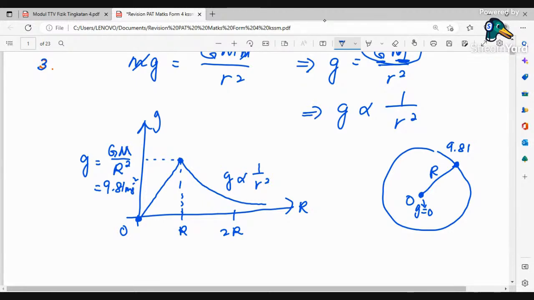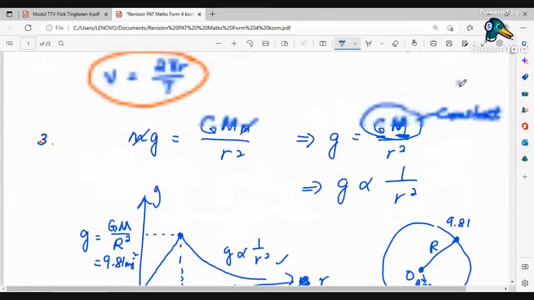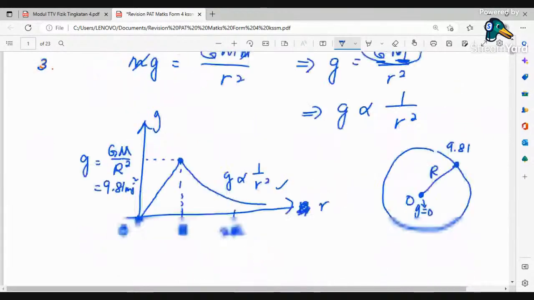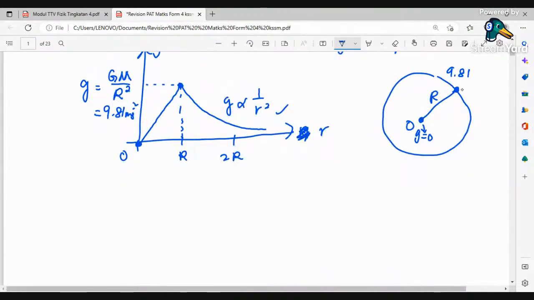So the value of g decreases when r increases by this formula. Okay, so that's why we get this graph, showing the relationship between g and r. This one is small r. Okay, so you have the formula to calculate gravitational acceleration, g equals G M divided by r squared.